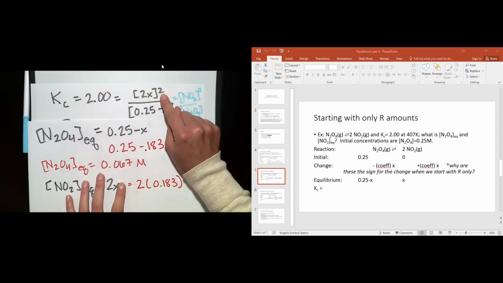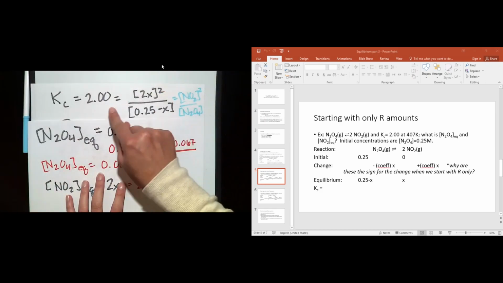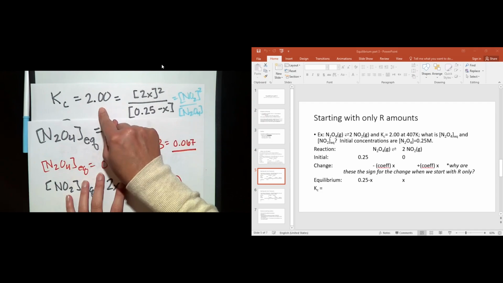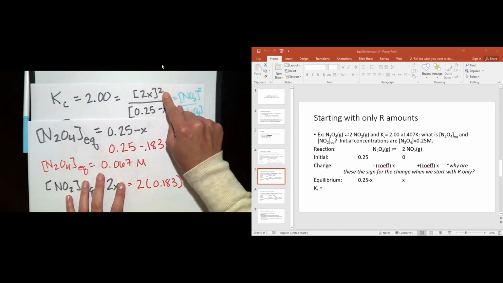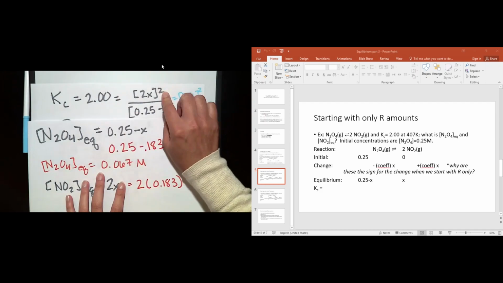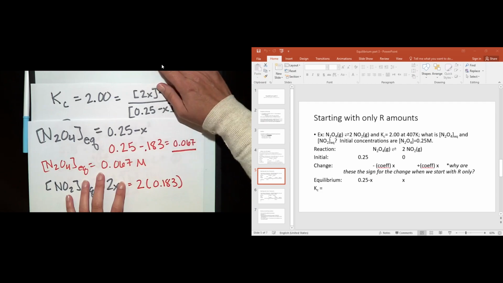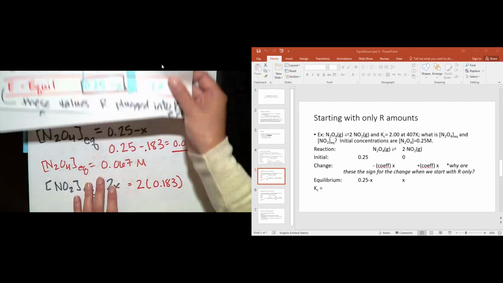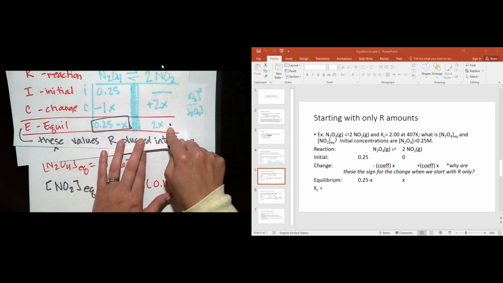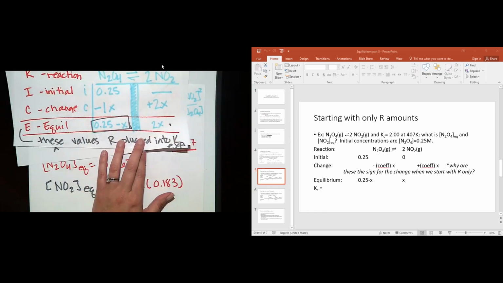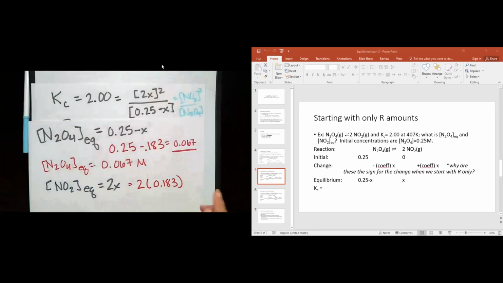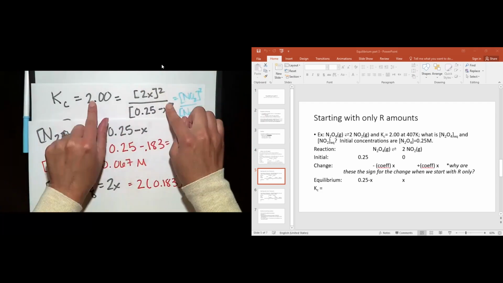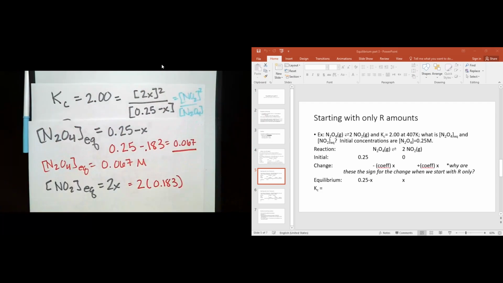I only have the square in this relationship with the numerical value of K. The square isn't the concentration. What's inside the brackets is the concentration. What's in that block, in that equilibrium line, that's my concentration. The square is just there to make it equal to K when I put all those things together.